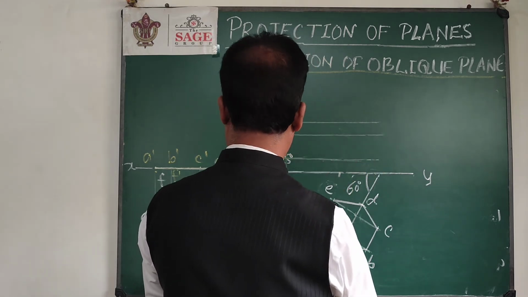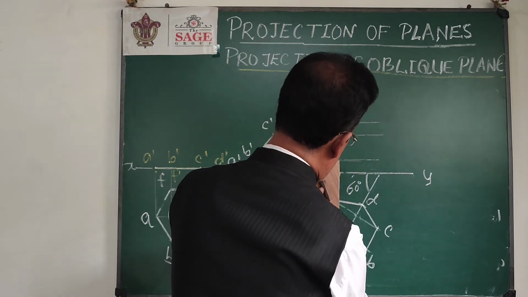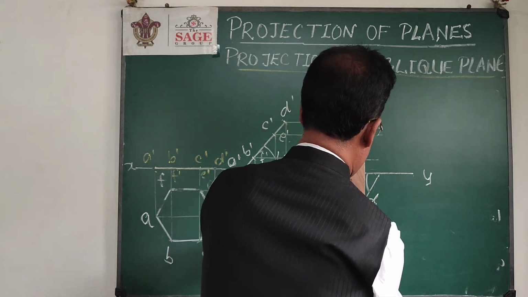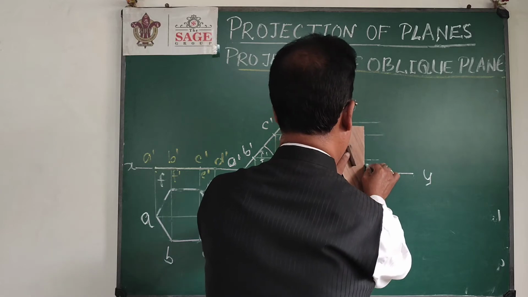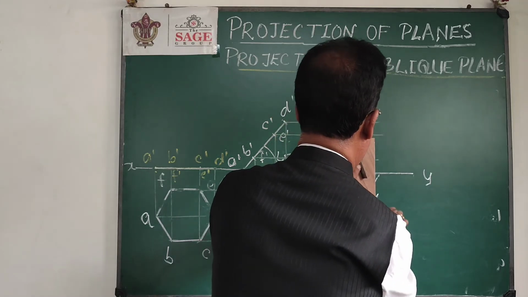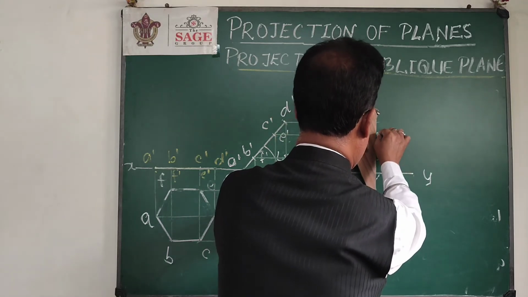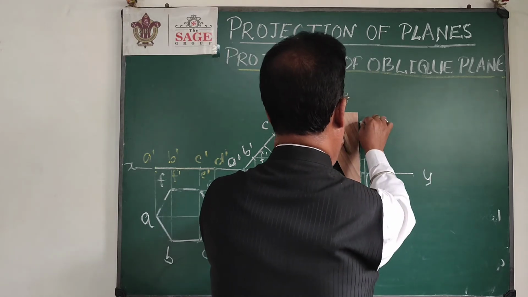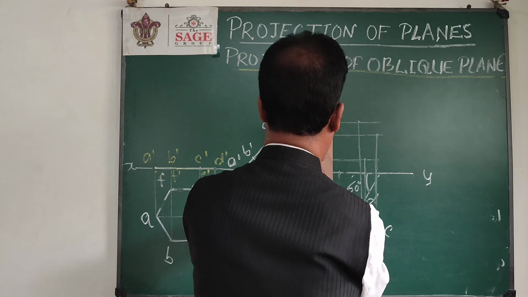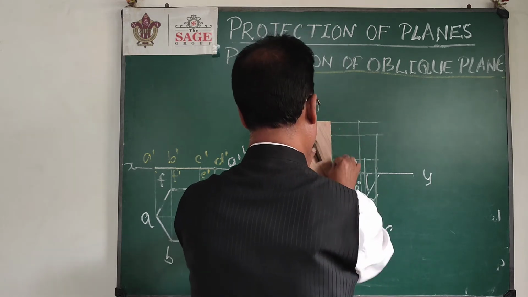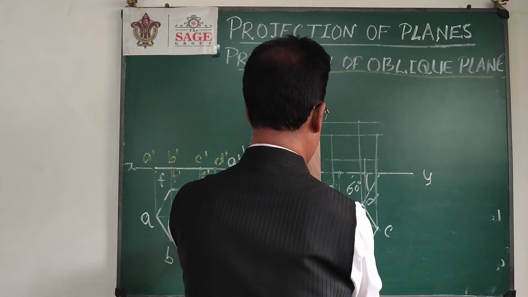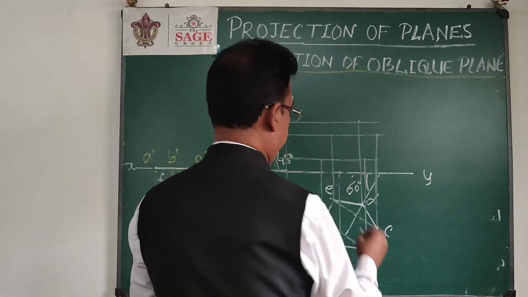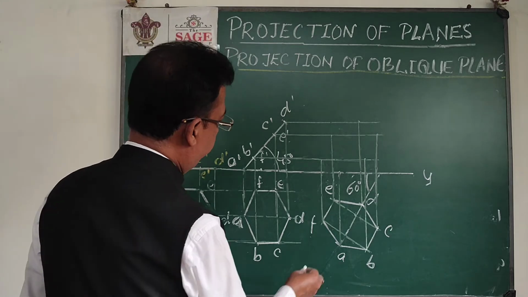And from the top view we will draw the projectors. A will be on the XY line, B will be on the next line, C will be further up, then D will be on the top line, then E will be on the next line, and finally F will be on the next line.